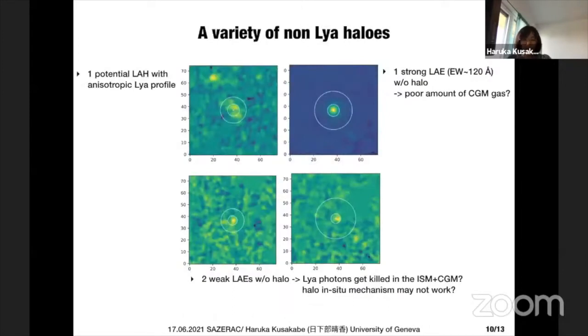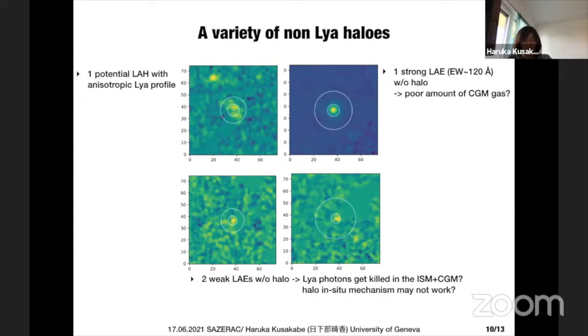It is also very interesting that 4 sources do not show a significant Lyman alpha halo. The top left source is a potential Lyman alpha halo with an anisotropic Lyman alpha profile, like a bipolar, but the emission is too diffuse to be confirmed with circular surface brightness profiles. The top right source is the most interesting source to me.